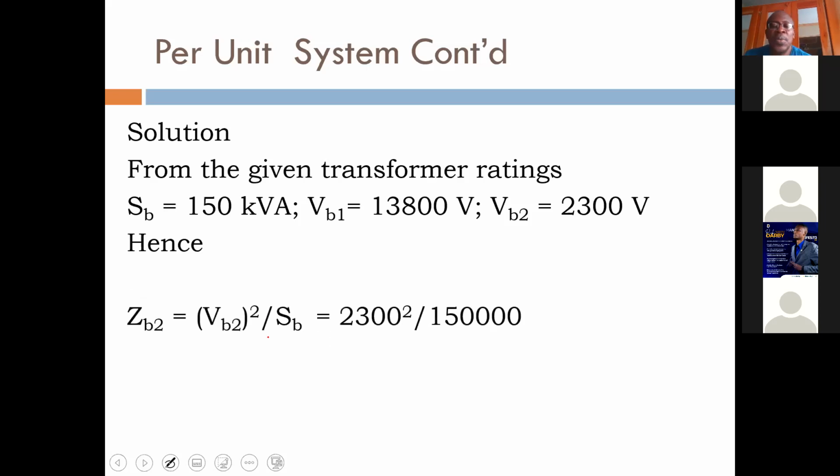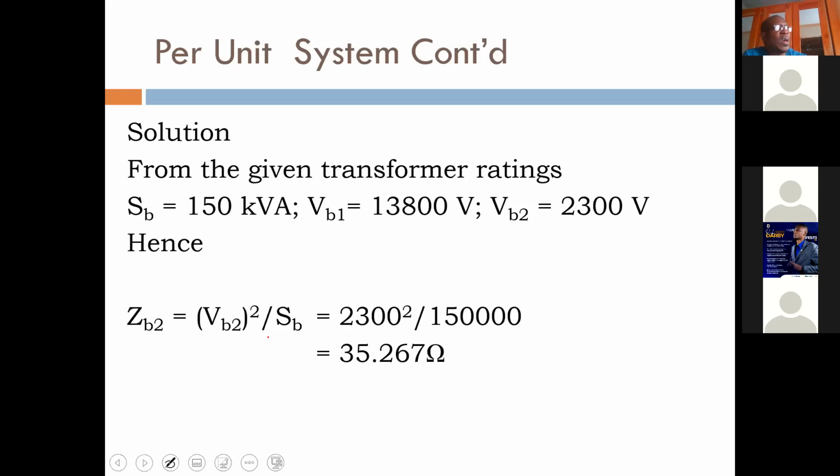So if I start with the low voltage winding, Z base would be equal to V squared over S. Which gives me 2300 squared over 150K. That gives us 35.267. So in terms of the base impedance, 35 ohms.